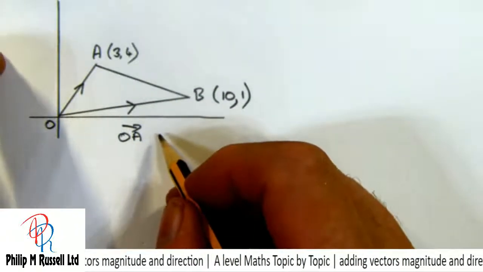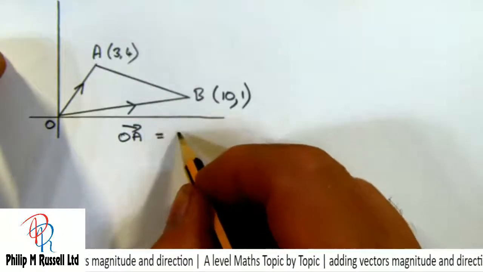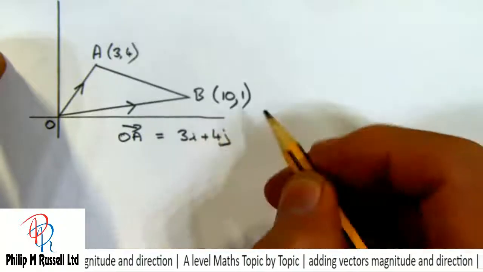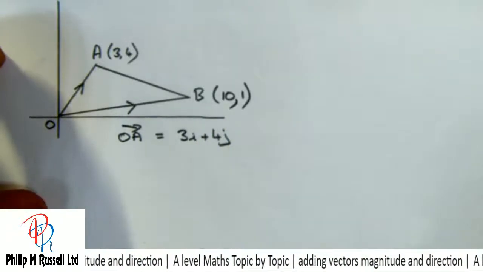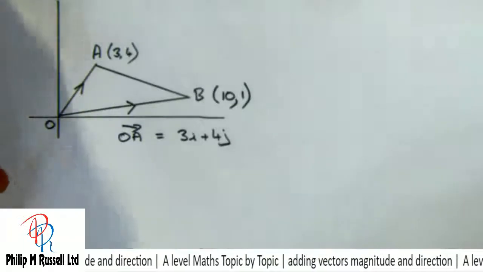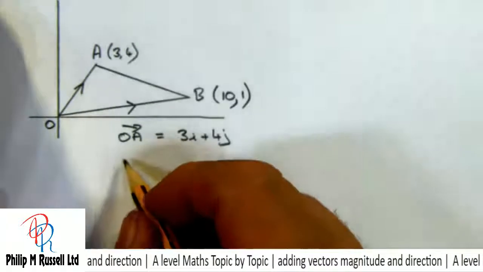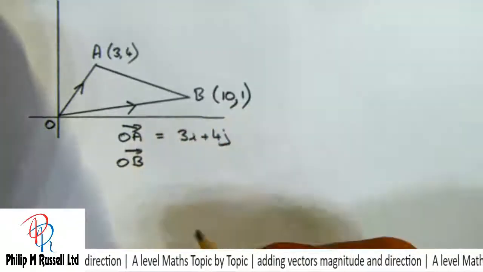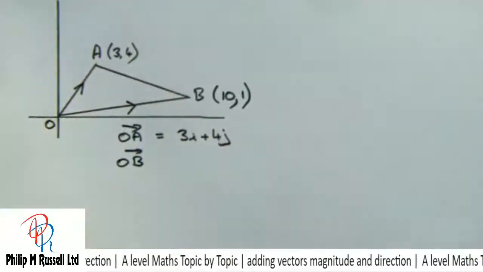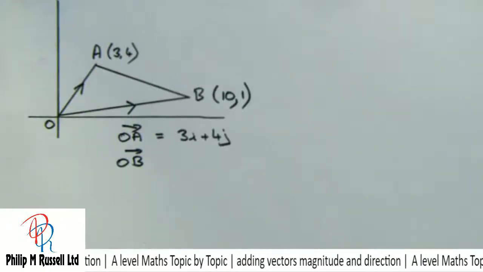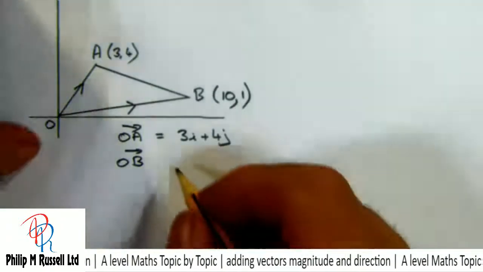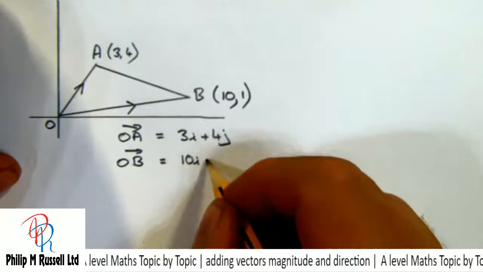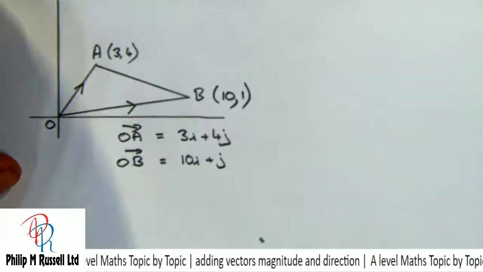Well, OA is going to be 3i plus 4j. Can we find the position of B? Yeah, this is going to be OB, and OB is going to be 10i plus just j.